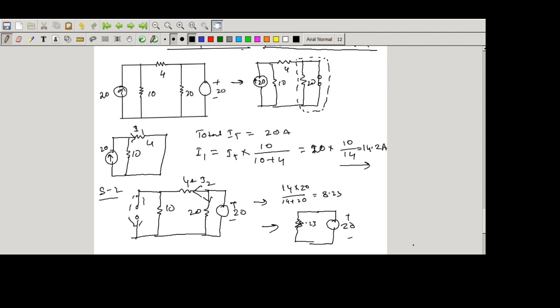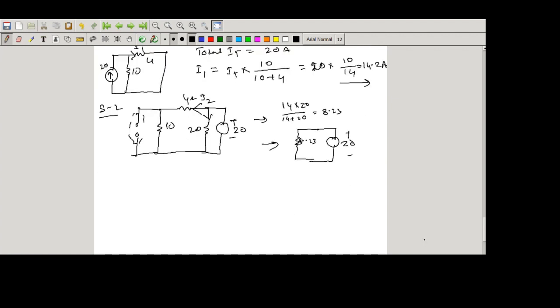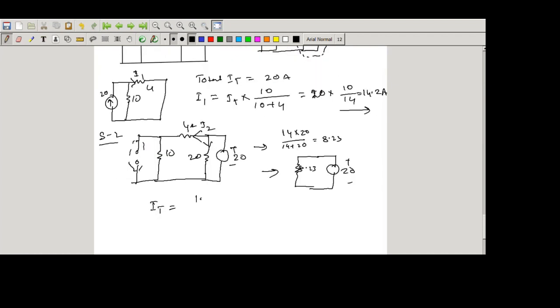So from here we can find the total current IT, which equals 20 divided by 8.23.